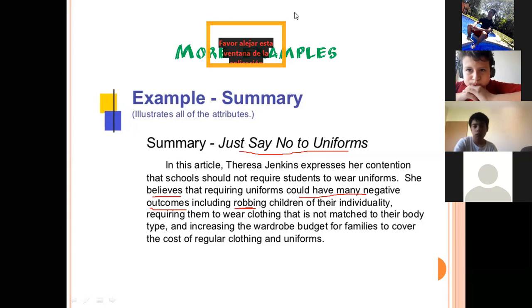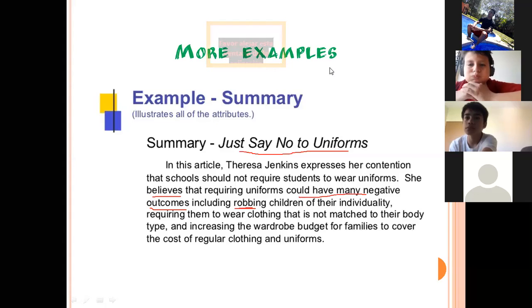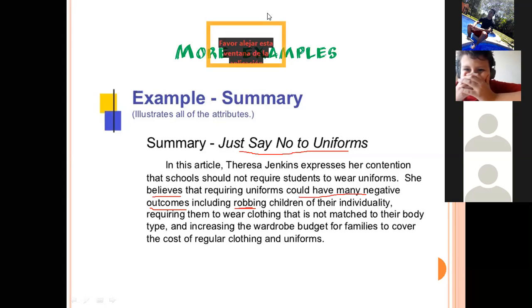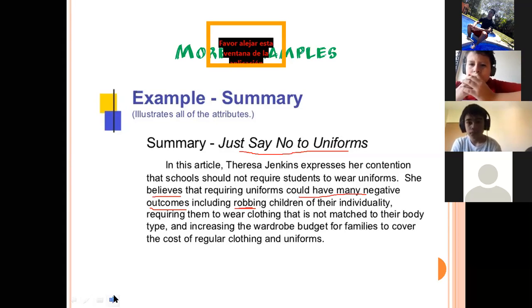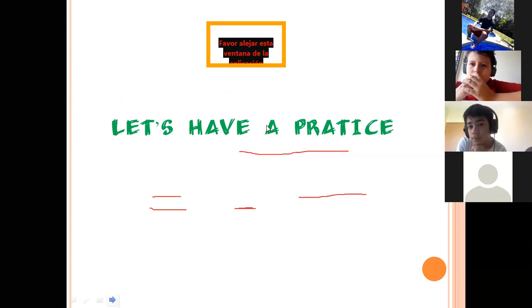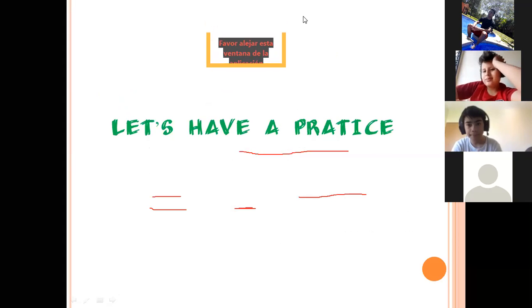So guys, in simple words, to summarize, you can make a sentence, you can make a paragraph, you can create a summary including your own words, or it could be, what else? Remember what we saw in the class. Okay, we don't have time to practice this, but we only have two minutes left in the class.